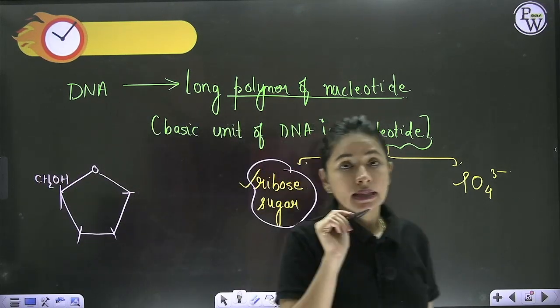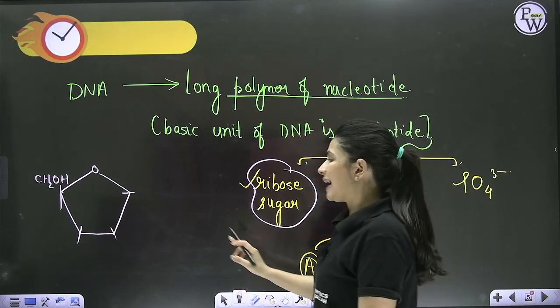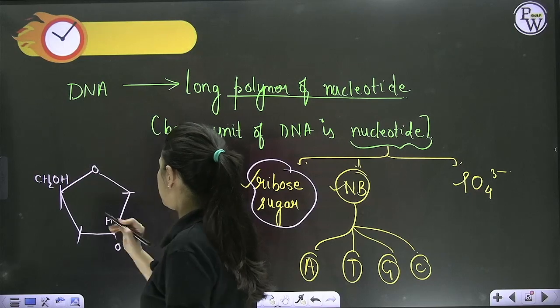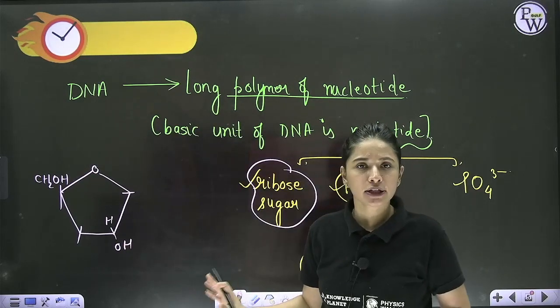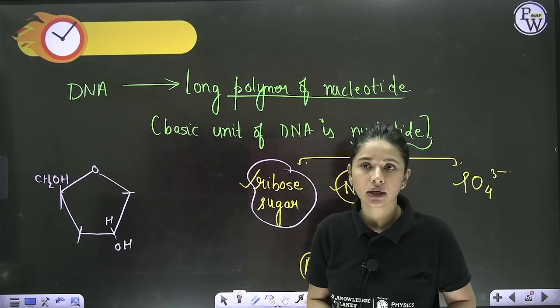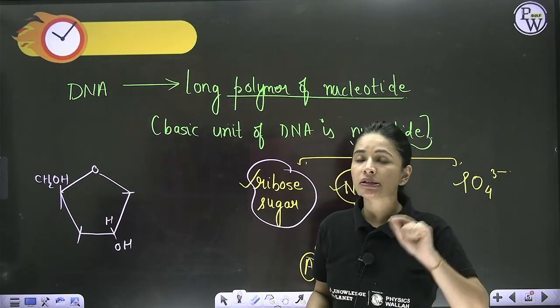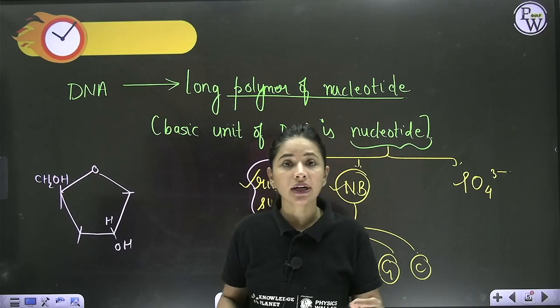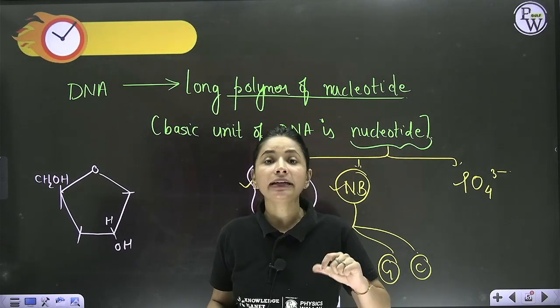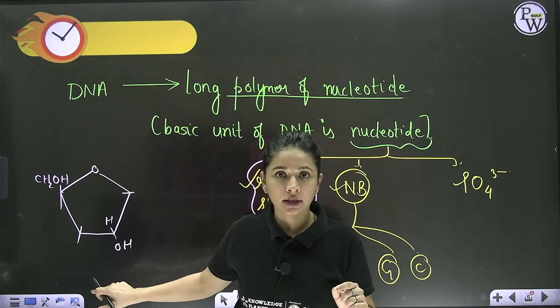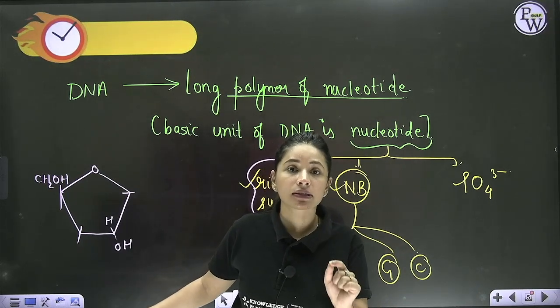Now, normally ribose sugar at the 2nd carbon position has H and OH. This is the normal arrangement of a 5-carbon ribose sugar. However, remember always, beta, whenever this ribose sugar is utilized for making DNA, the 2' position will not have oxygen.